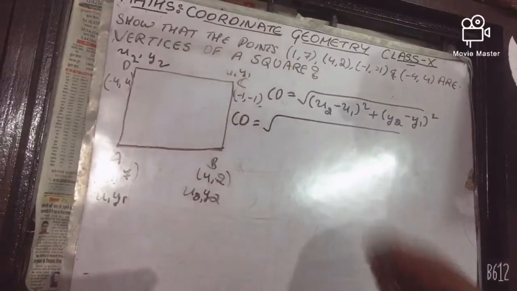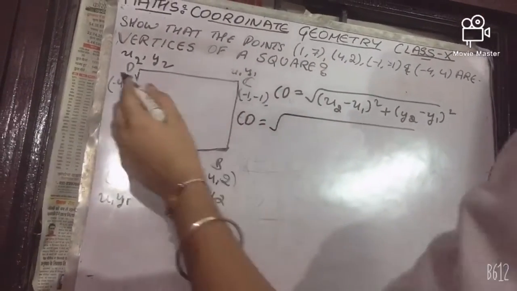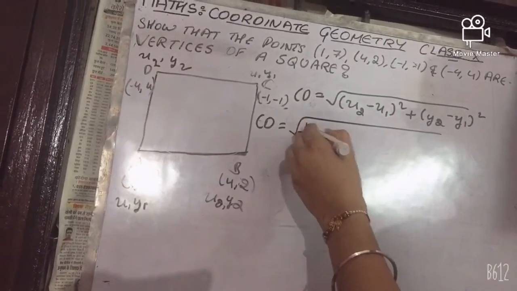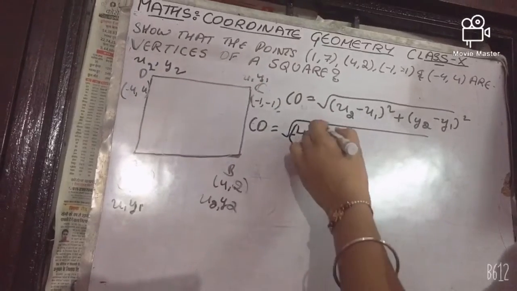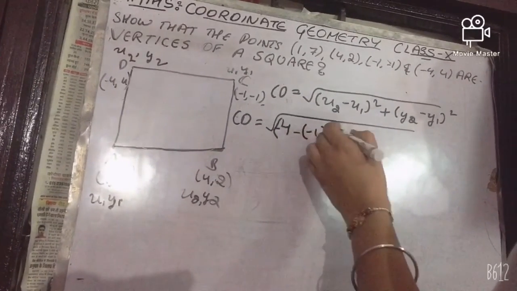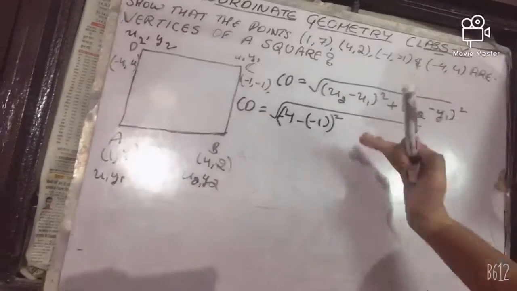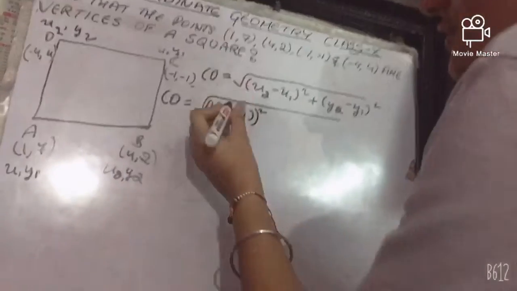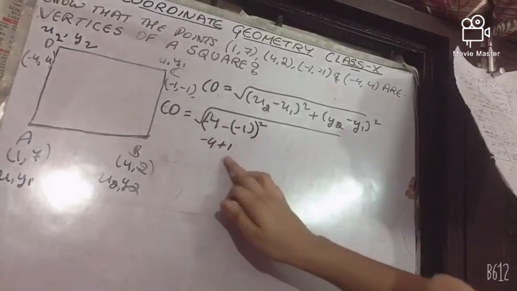My writing is something bad because, you understood, I think so. On the board it comes out bad only. So minus x, and this is here. So what can we write to consume this step? First of all, this minus 4 will become this, and like this we can write.